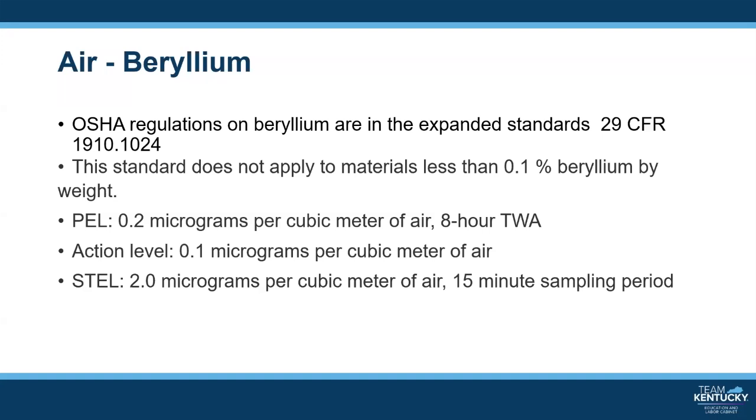The permissible exposure limit to beryllium is 0.2 micrograms per cubic meter of air, measured over an 8-hour time-weighted average. The action level, which is half of the PEL, is 0.1 micrograms per cubic meter of air. A short-term exposure limit is 2.0 micrograms per cubic meter of air. This is over a 15-minute sampling period.